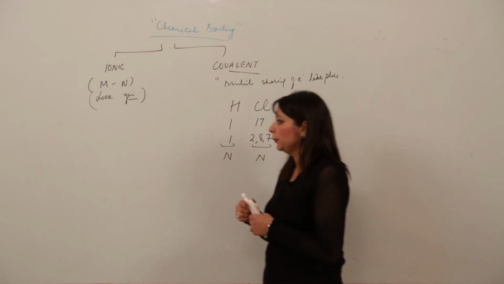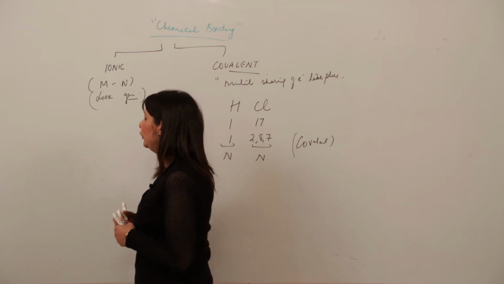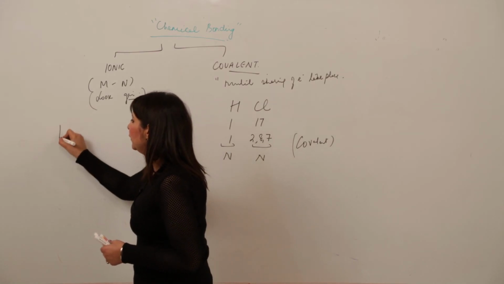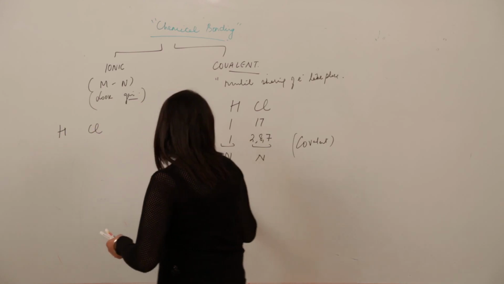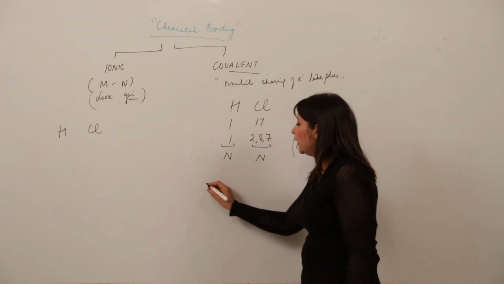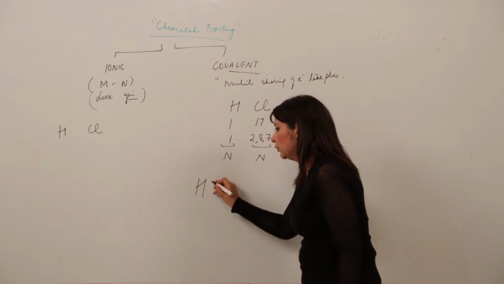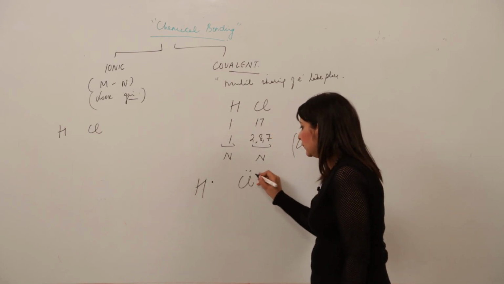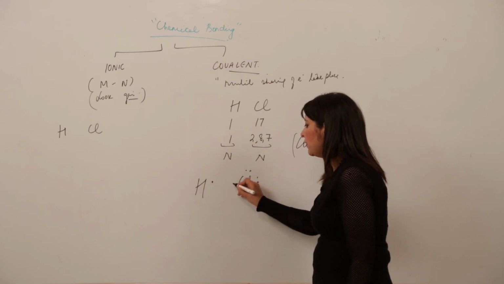Now how is it formed? I am taking an example for you. Suppose we take a bond formation between hydrogen and chlorine. Just look at the board this side. Hydrogen has 1 electron and chlorine has 7 electrons.